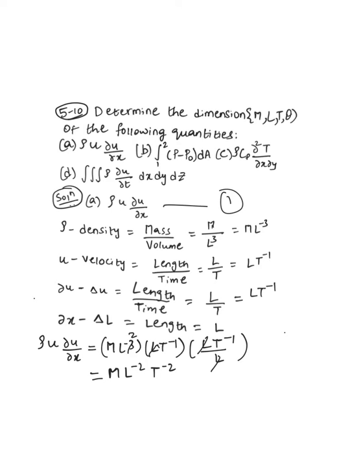So rho u dou u by dou x would be equal to M, which you can either write as M divided by L square T square, or M L power minus 2 T power minus 2.